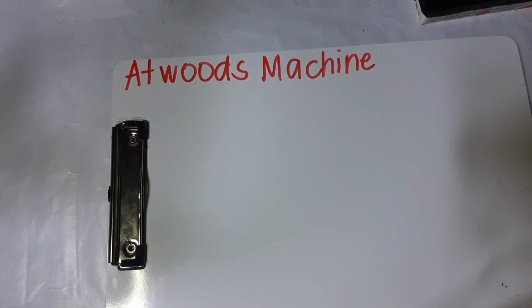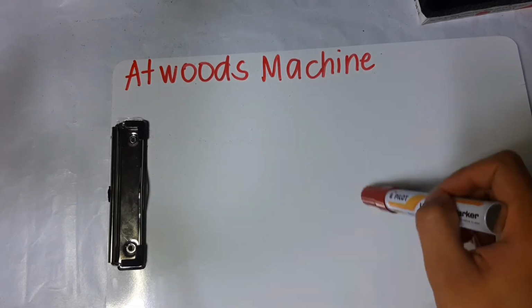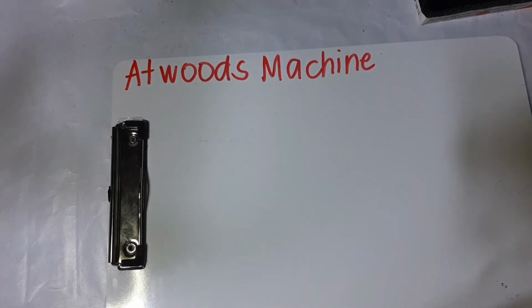Now, before I give you the last sample problem for Newton's second law of motion, let me first discuss the Atwood machine. An Atwood machine is a basic physics laboratory device often used to demonstrate basic principles of dynamics and acceleration.